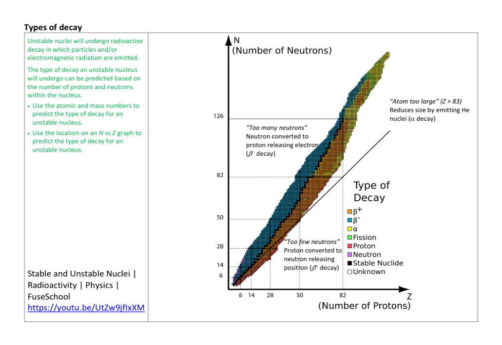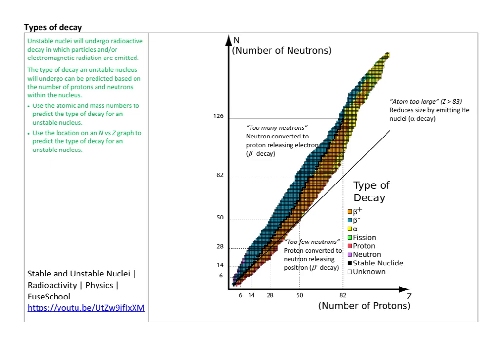So if we start with this graph, which is a graph of the number of neutrons versus the number of protons, it's basically a graph showing all the various isotopes of the elements. Each little square represents an isotope with a certain atomic number and different numbers of neutrons, which is by definition what an isotope is. Now, if we get out into this area past 82, 82 is stable, from 83 onwards the nuclei will not be stable because they are just too big.